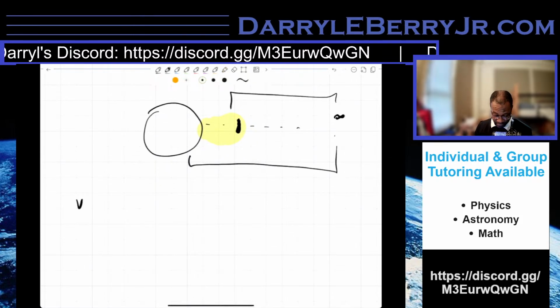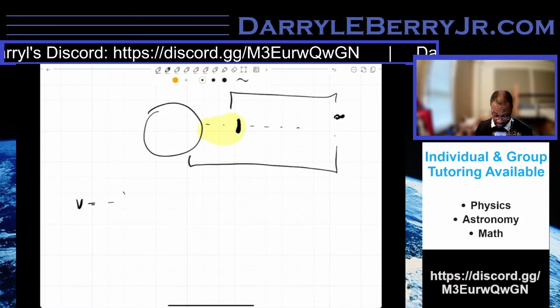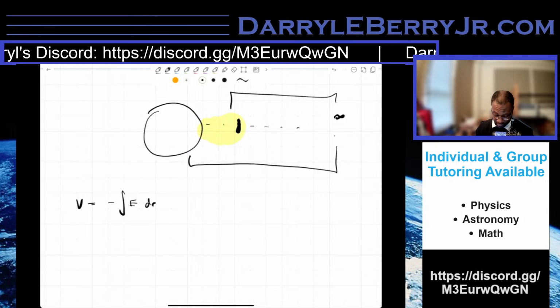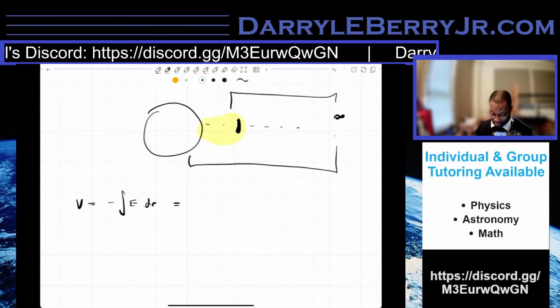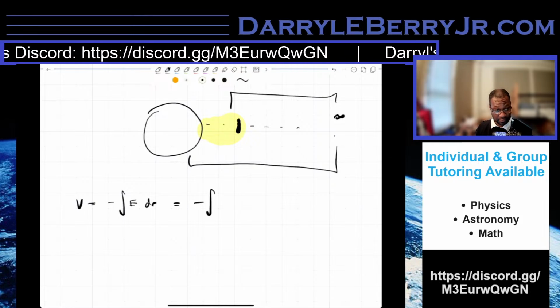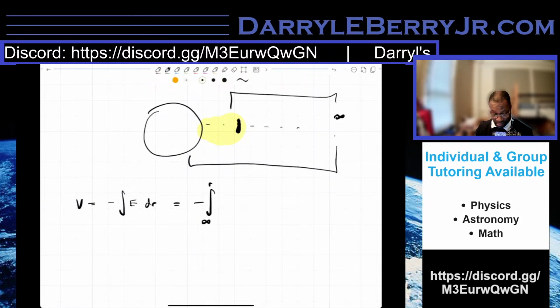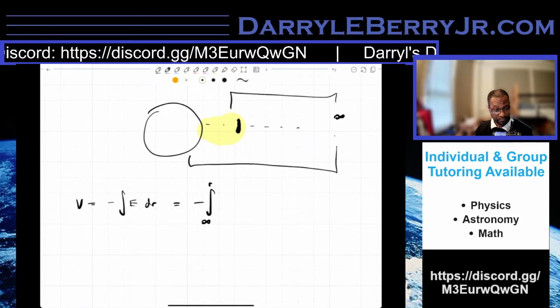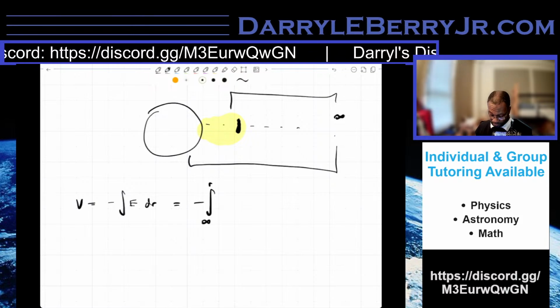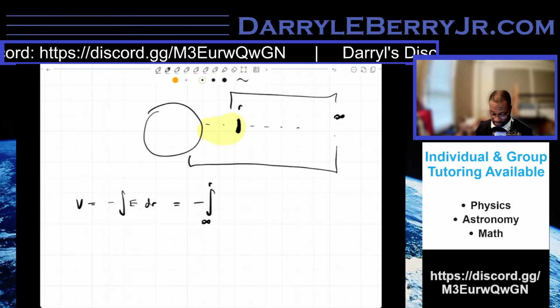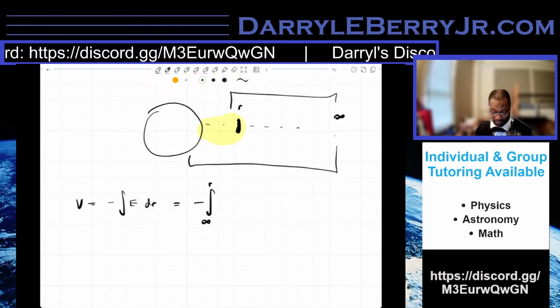So V equals negative integral E dr, and that equals negative integral from infinity to R. Basically, this is R here outside.